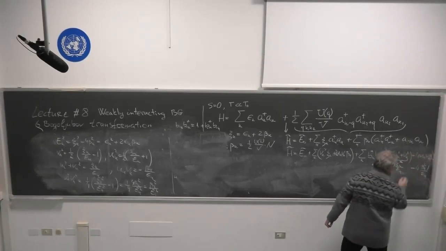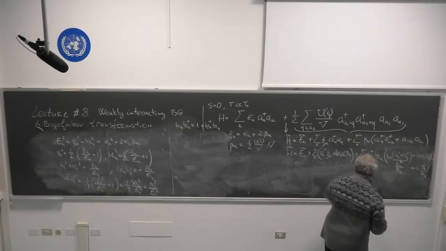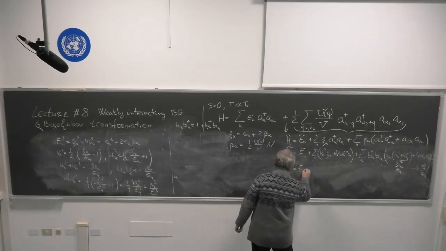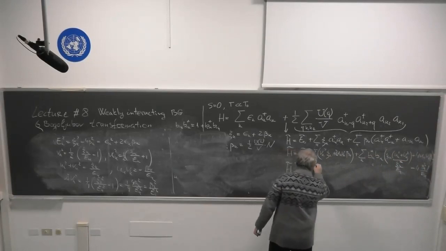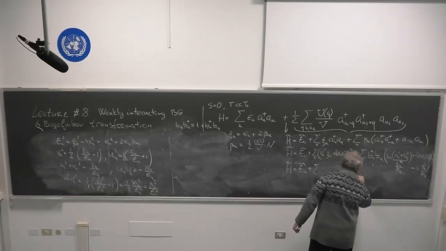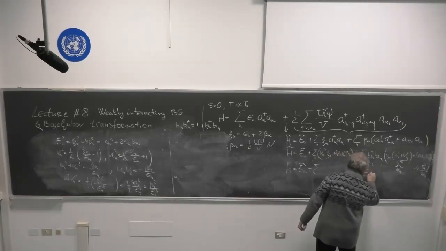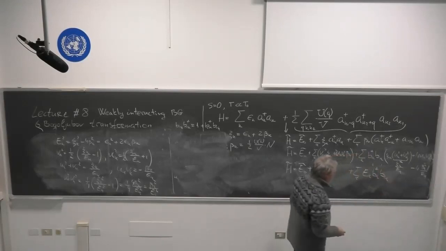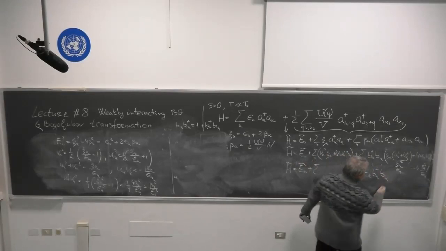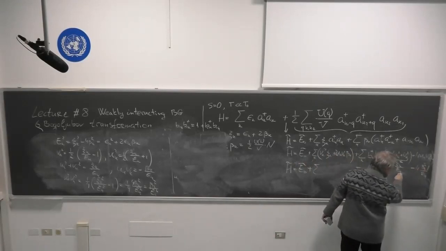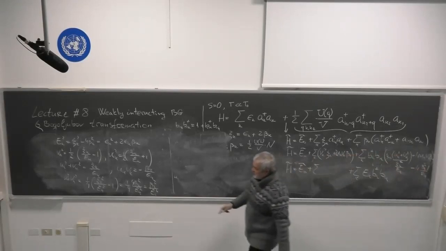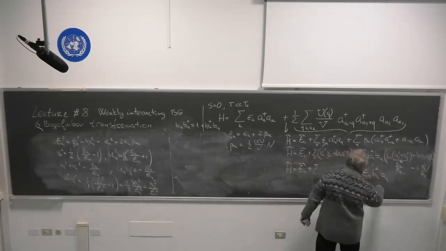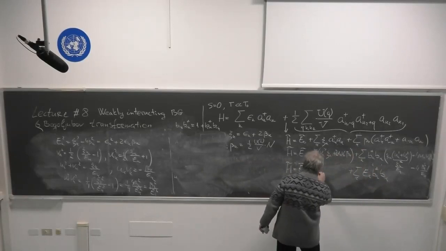So this term is then h tilde is equal to e naught tilde plus the sum over k of ek beta k dagger bk, because I have psi squared minus 4 beta squared divided by ek, and by the definition, this is ek squared. So I obtained this.